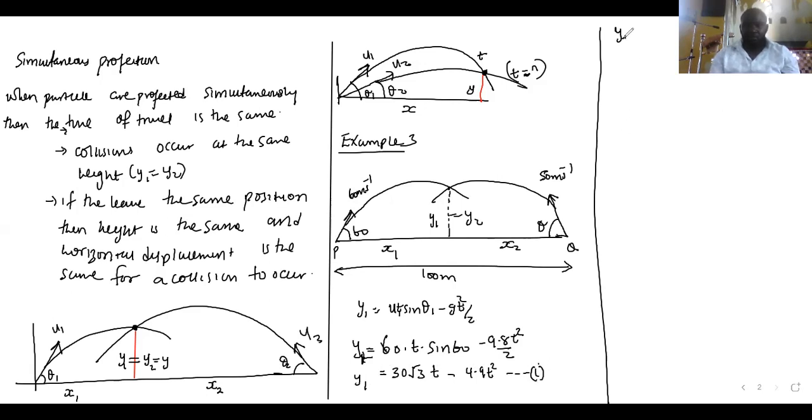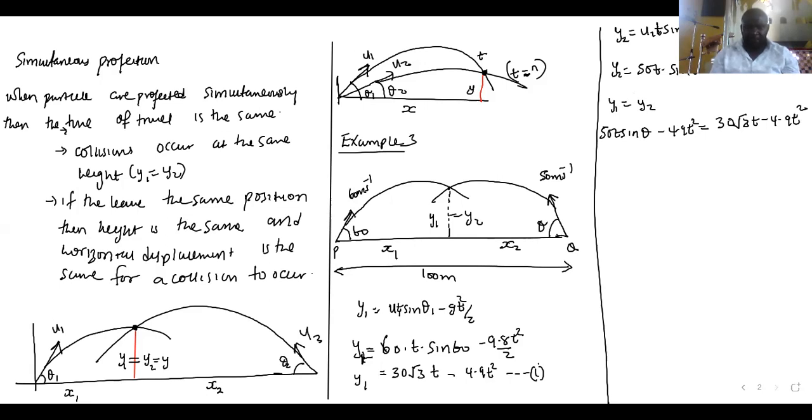When you go to Y2, Y2 will be U2 times T sine theta 2 minus GT squared over 2. You get Y2 as 50 T sine theta minus 4.9 T squared. When you equate Y1 and Y2, you have 50 T sine of theta minus 4.9 T squared equal to 30 root 3 T minus 4.9 T squared.